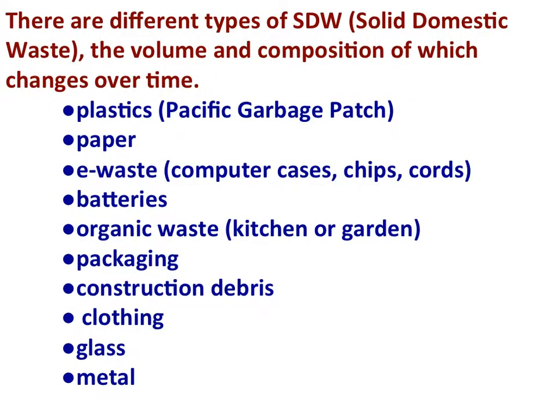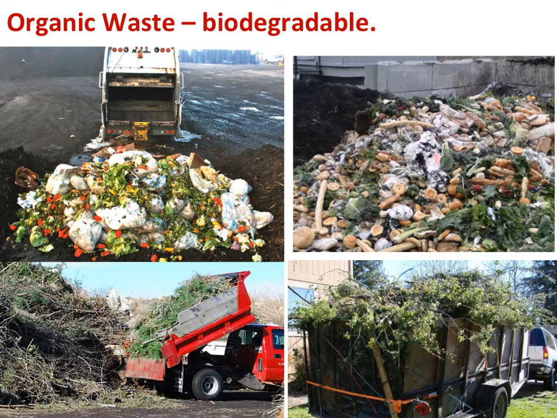Now let's move on and take a look at a few more waste types. Let's start with organic waste types and then move from there. Organic waste is material such as food or garden and lawn clippings, but it can also include animal and plant-based material such as paper or cardboard. Organic waste is biodegradable.